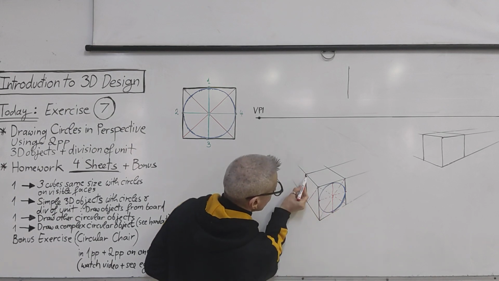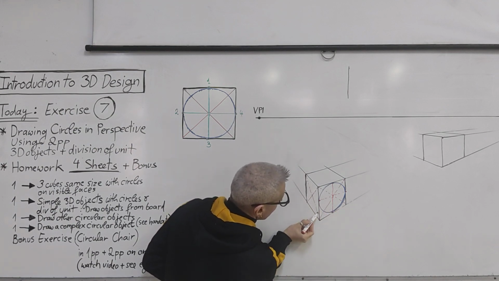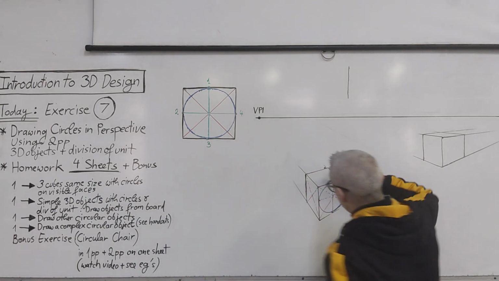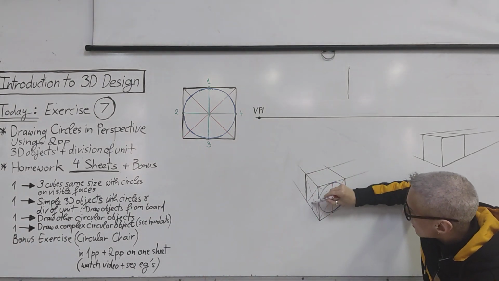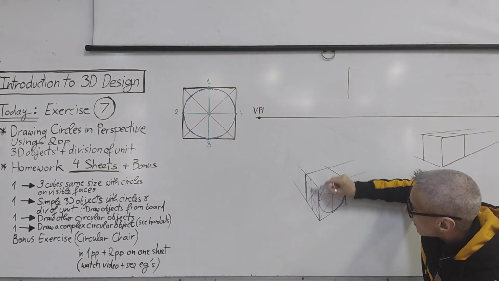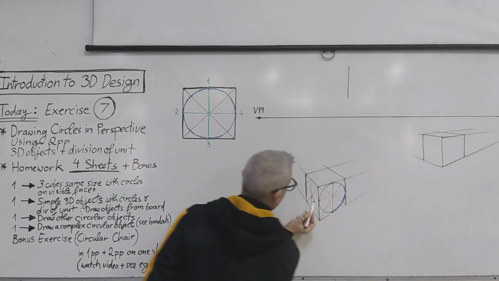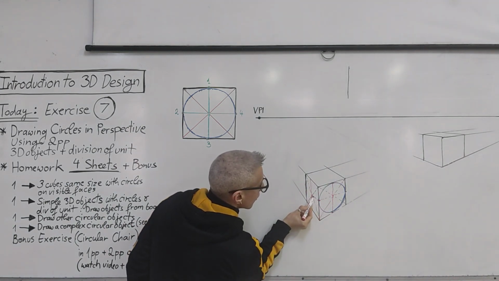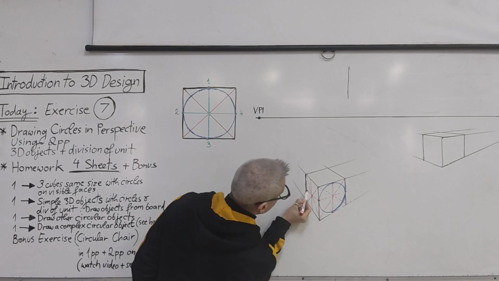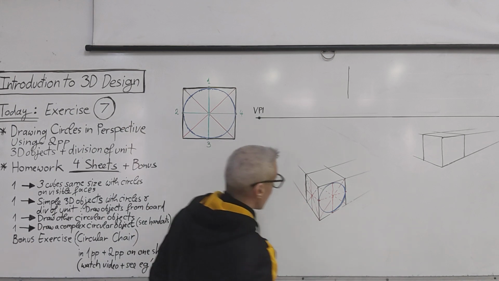Diagonal, diagonal. Then this straight line going through the center, parallel to these lines, and this line going through the center, going towards the vanishing point.